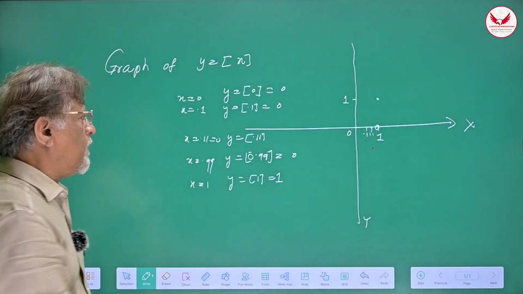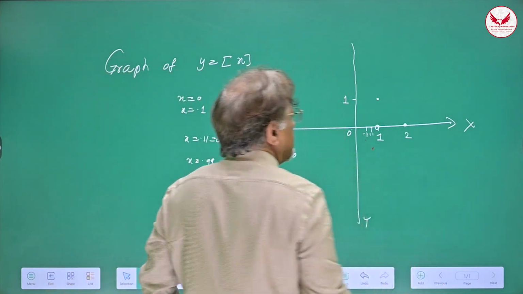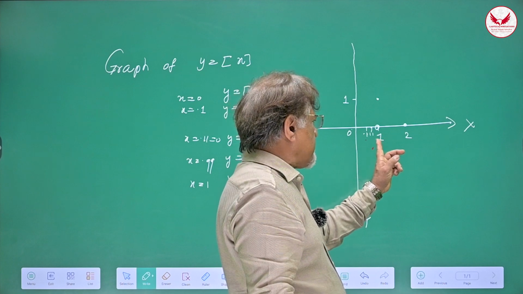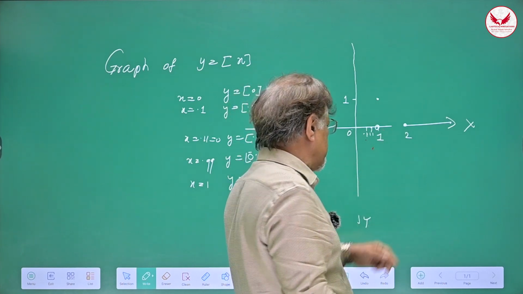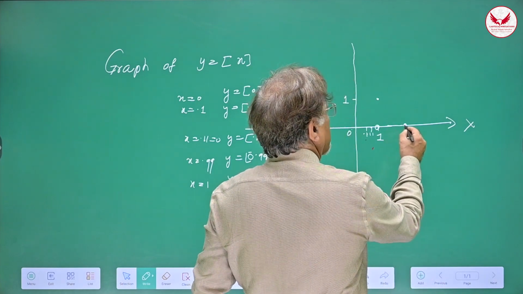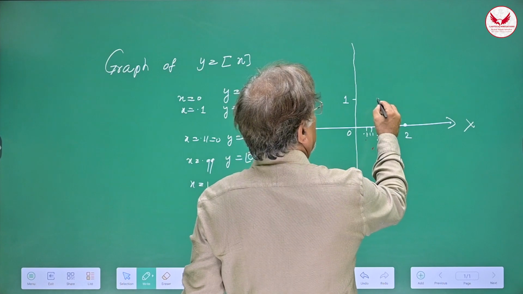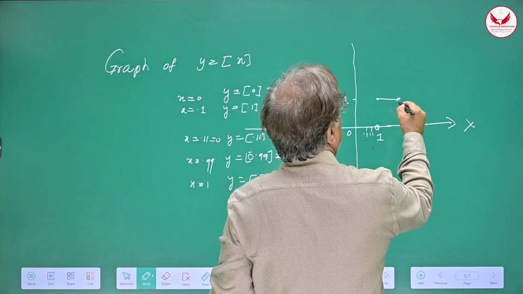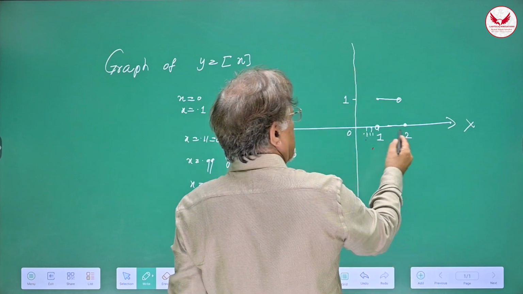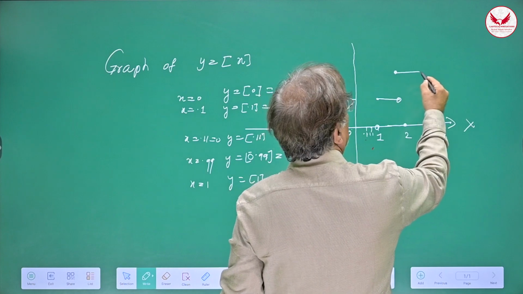Now, for all the numbers between 1 and 2, no matter where x is lying, anywhere here, the integer to its left will always be 1, so the graph will be like this. But here there will be an open circle, because at 2 it becomes 2, so it goes like this.